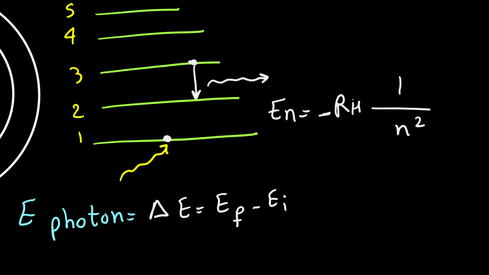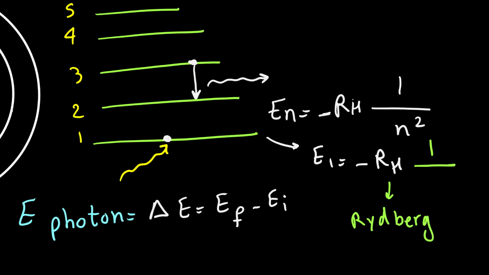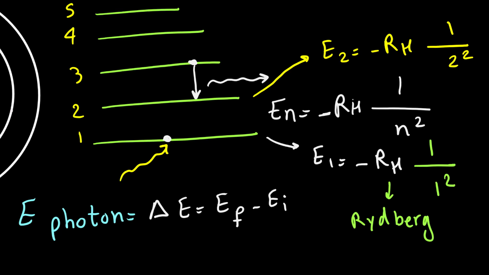So the energy for level 1, or E1, is equal to negative R_H, which we call the Rydberg constant, times 1 over 1 squared. The energy in level 2 is equal to negative R_H times 1 over 2 squared, and so on.